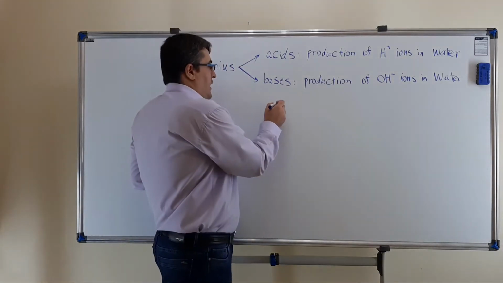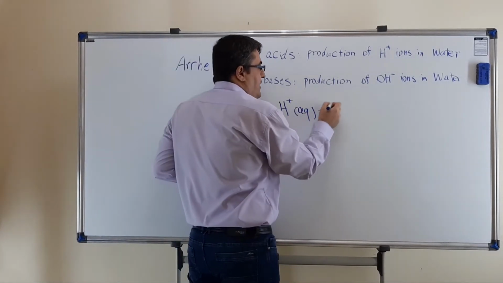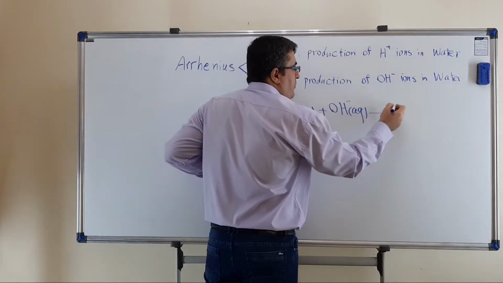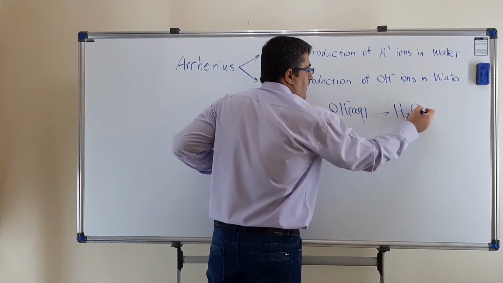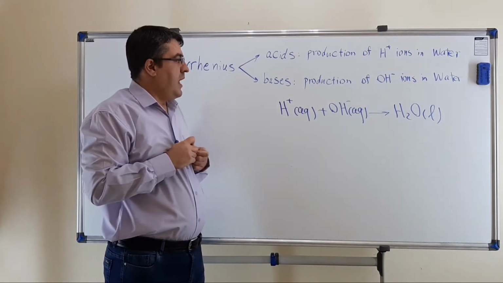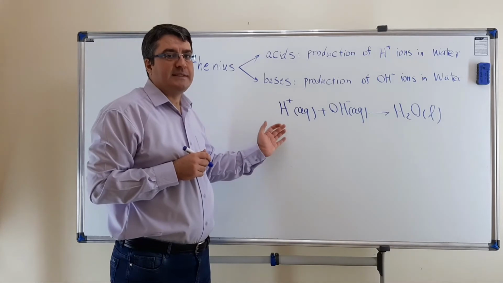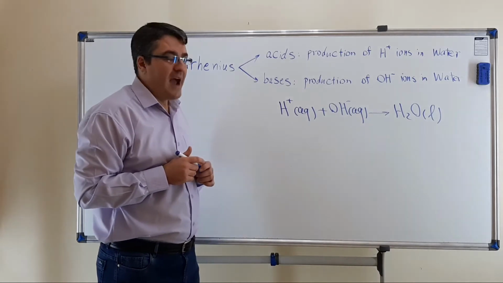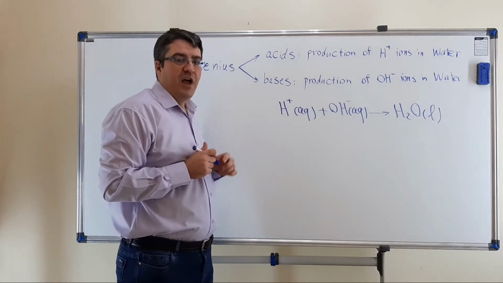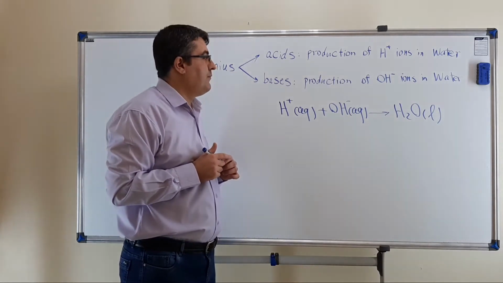H+ and OH- react with each other in water to produce water. Because of this reaction, Arrhenius acids and bases can react with each other to produce water as one of the products and a salt as the other product.